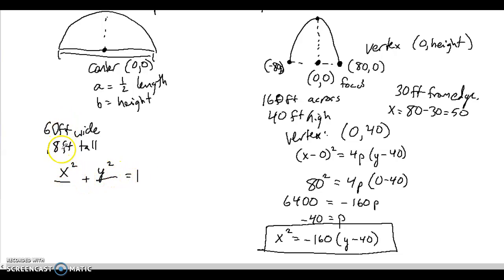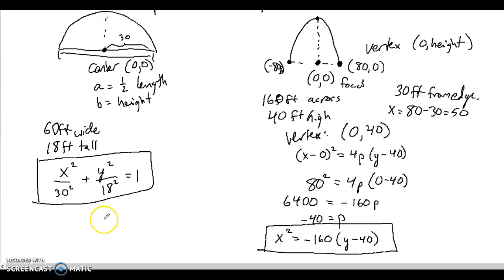What's my unknown? Well, 18 feet tall, that is my distance up and down, so that's going to be under y, 18 squared. If my whole length is 60, then this distance right here is going to be 30. So the number under x is 30 squared. And here I have the equation of my ellipse.